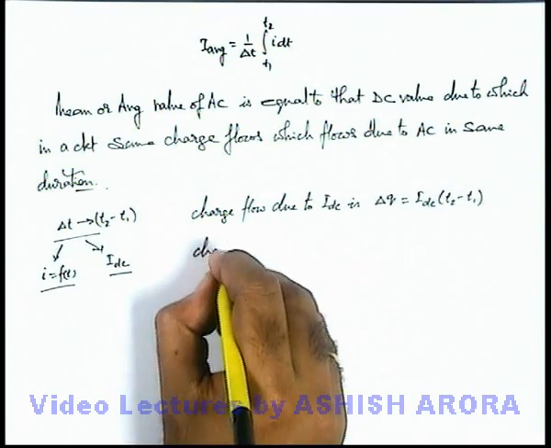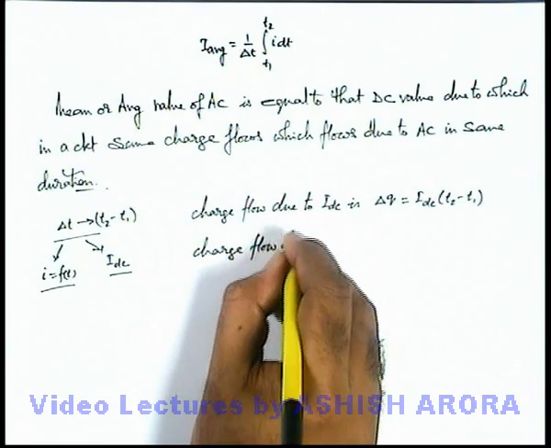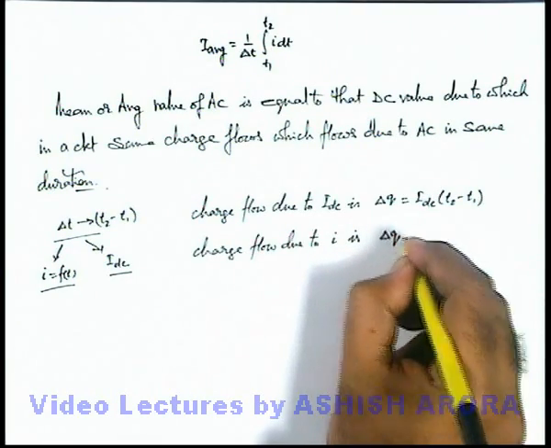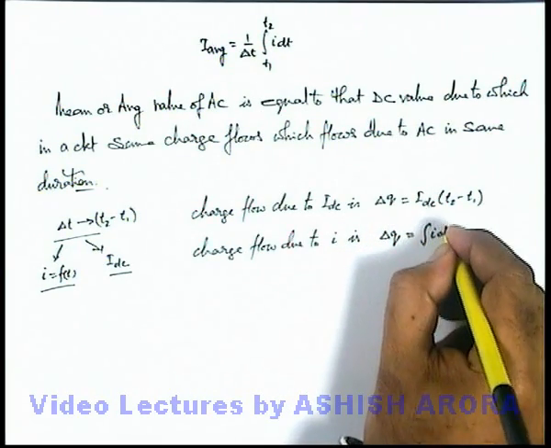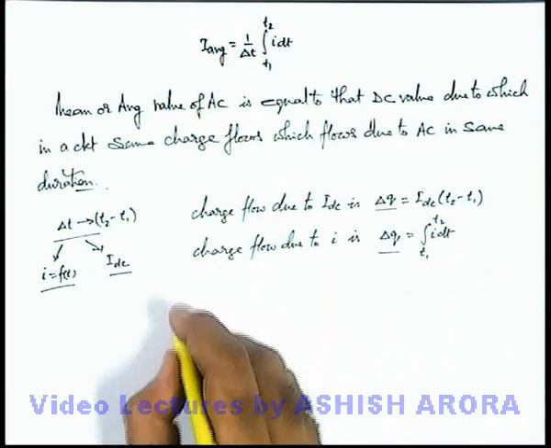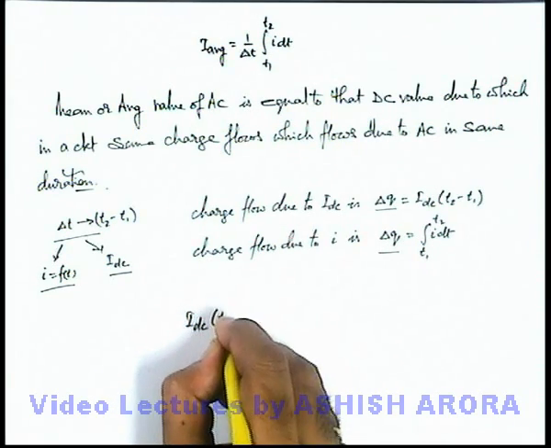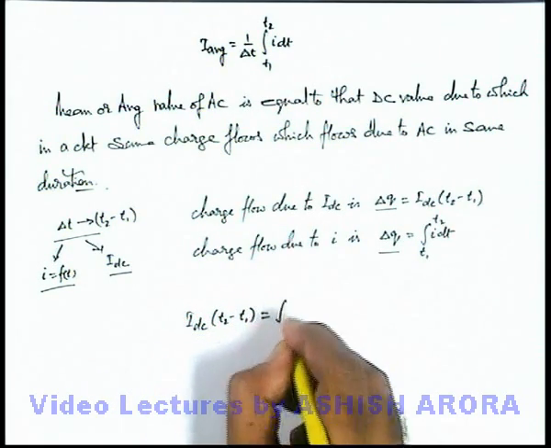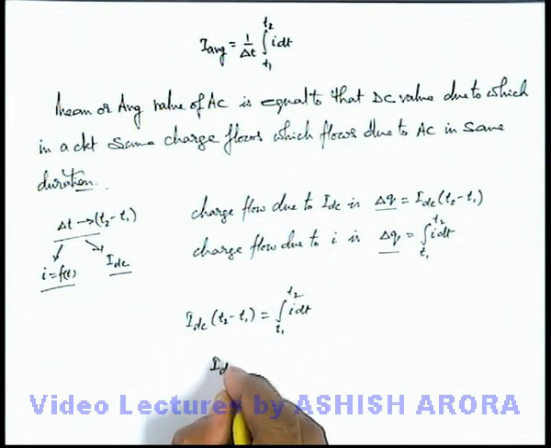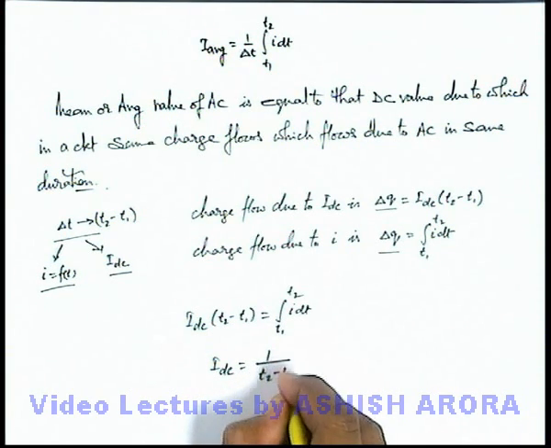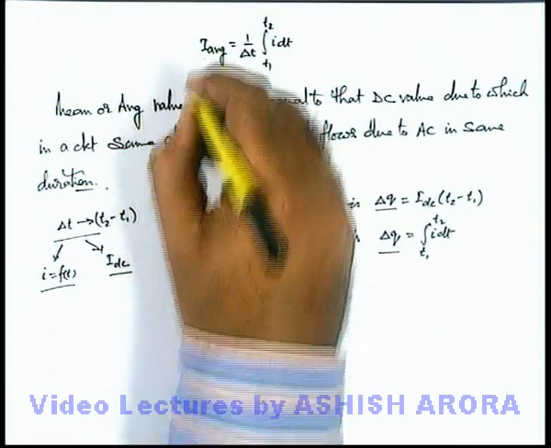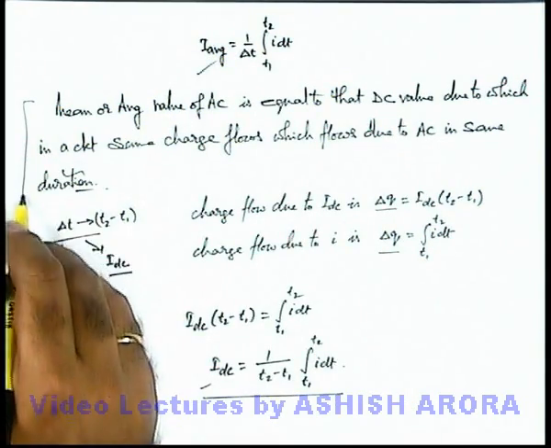And the charge flow due to I, the time varying current, can be written as delta Q equals integration of I dt from T1 to T2. If both of these charges are equal, we can write I dc multiplied by T2 minus T1 as equal to integration of I dt from T1 to T2. Here you can see the value of DC current is equal to 1 by T2 minus T1 integration from T1 to T2 I dt. This is exactly the average value. That's what I have written over here.